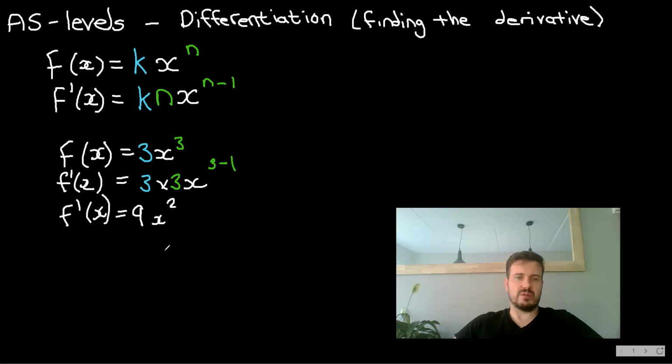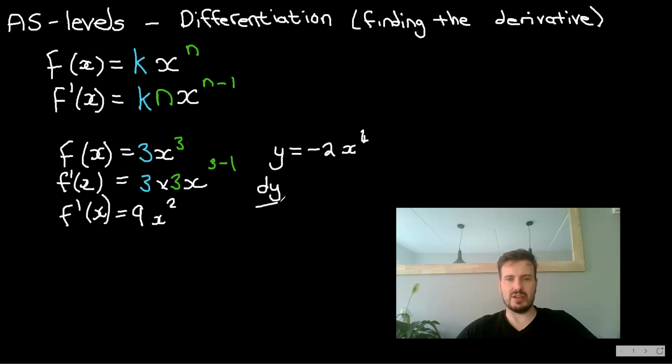Let's look at another example, but I'm going to do it with different terminology. Instead of f of x, we're going to say y, because f of x is actually the same as just saying y. So let's make it negative 2x to the 4. Another way of writing the derivative is to say dy over dx, meaning change in y over change in x, which of course we know when we're finding the slope, your gradient formula is change in y over change in x.